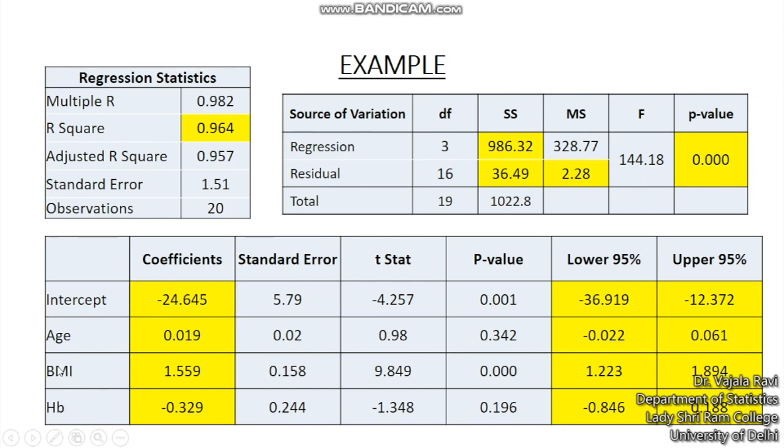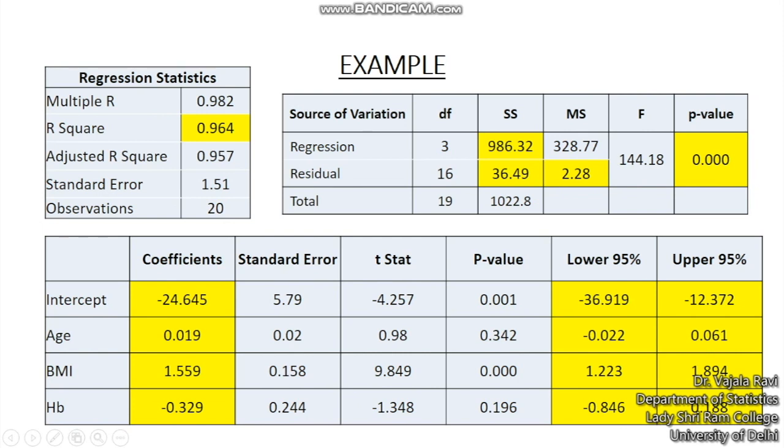So the marginal contribution of BMI to the CT severity score is 1.559. That means rate of change in CT severity score with respect to unit change in BMI, keeping all the other factors constant, is this. Similarly, hemoglobin. So we see that age and BMI have an increasing impact on the CT severity score, whereas hemoglobin has a decreasing impact on the CT severity score.